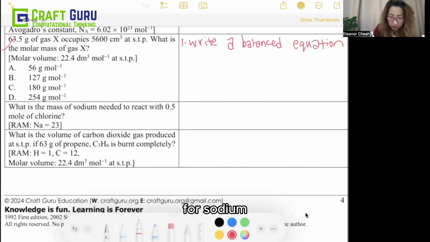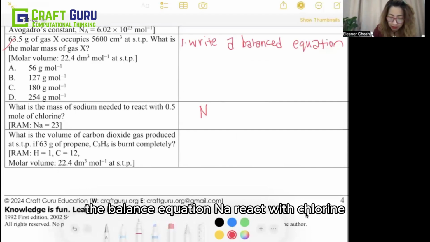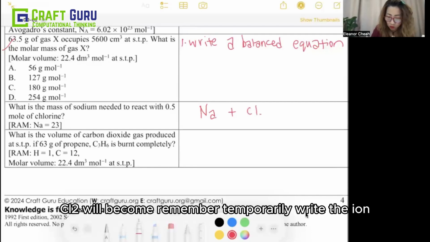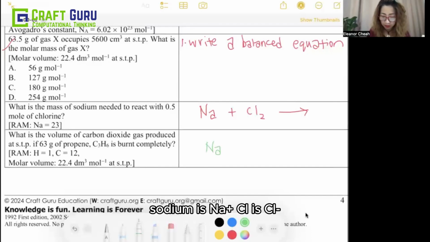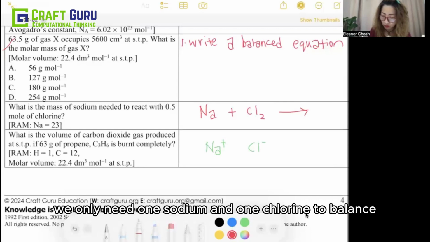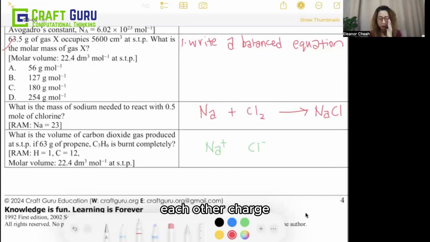For sodium, the balanced equation Na reacting with chlorine Cl2 will become, remember, temporarily write the ions. Sodium is Na+, Cl is Cl-. When they combine, we only need 1 sodium and 1 chlorine to balance each other's charge.